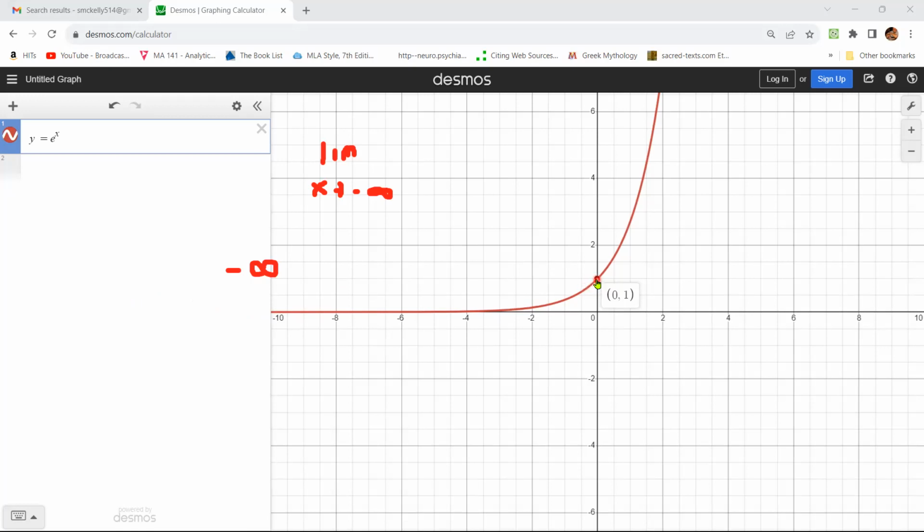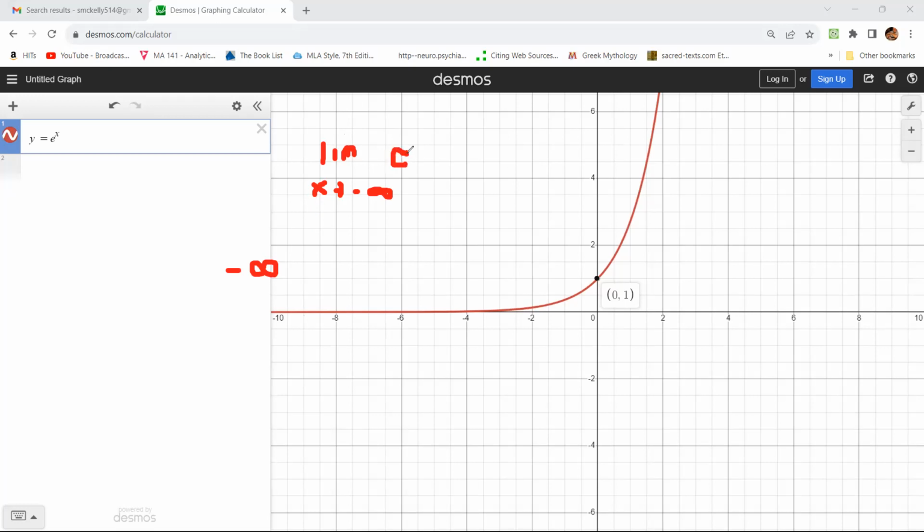This is 0, this is negative 1 over here, this is negative 2 over here. What is y getting close to? Oh, 0, because it's getting really close. It's asymptotic to the x-axis, right? So the limit as x approaches negative infinity of e to the x is actually finite. It exists and it's 0.